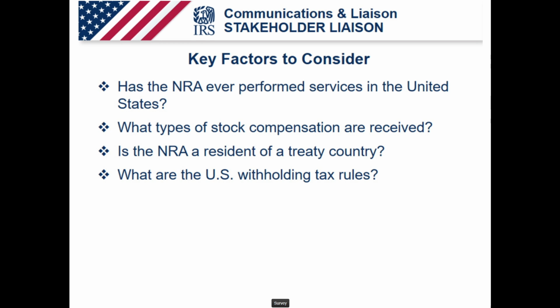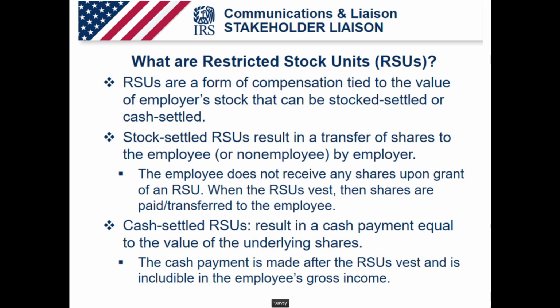Now that we understand what factors an NRA needs to consider, let's focus on the issuance of restricted stock units, RSUs. As mentioned earlier, restricted stock units, RSUs, are not an immediate transfer of stock, but rather a promise to receive stock or cash in the future, deferred compensation.